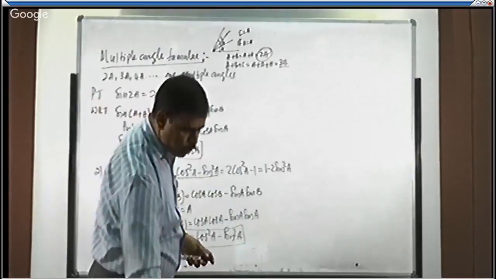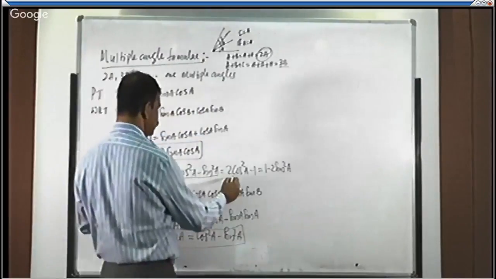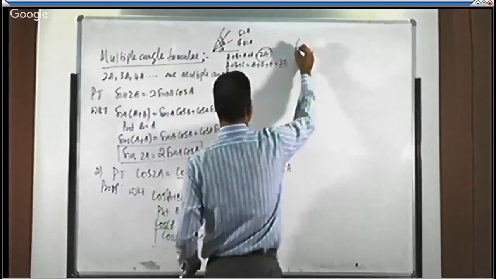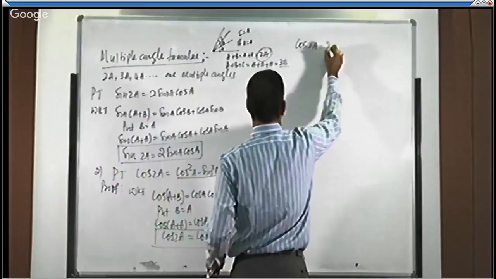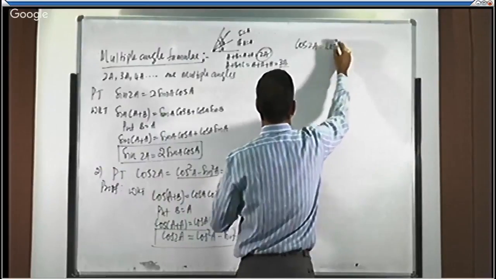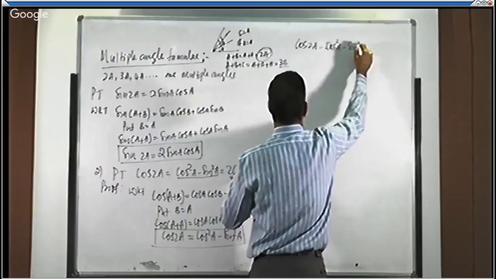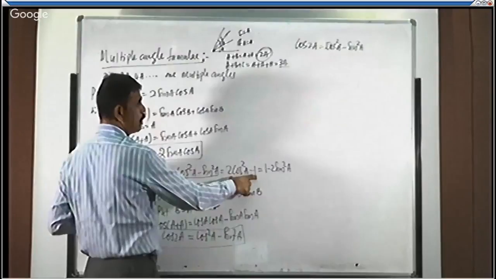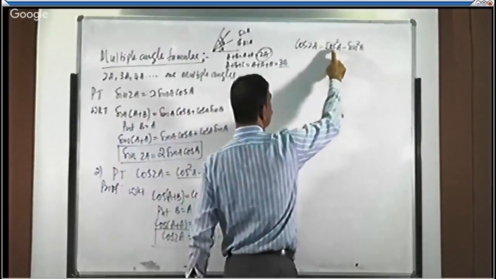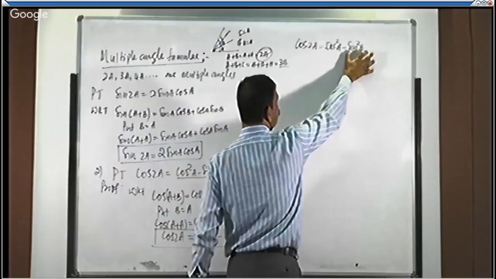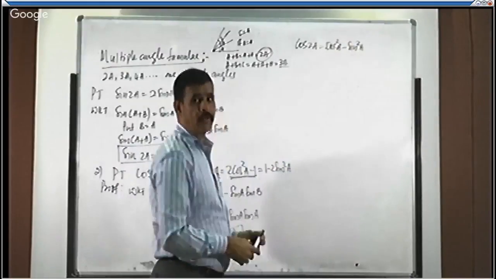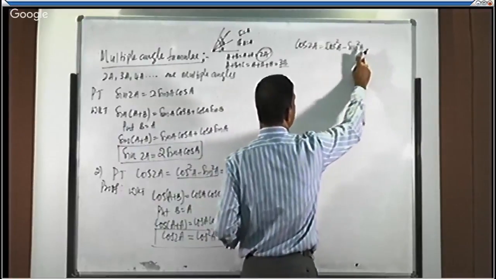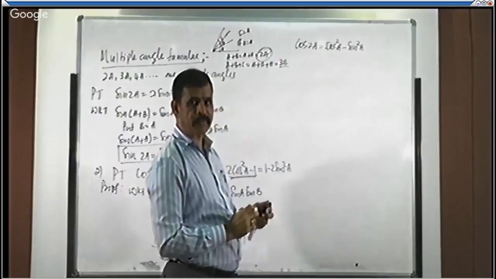Okay. To prove the second one, cos 2A is equal to 2 cos square A minus 1, take this formula. Cos 2A is equal to cos square A minus sin square A. See, this is totally in cos only, right? Here we have both cos term and sin term. You just replace this sine term in terms of cos term. We know that sin square A plus cos square A is 1. According to that, sin square A can be taken as 1 minus cos square A. Right?